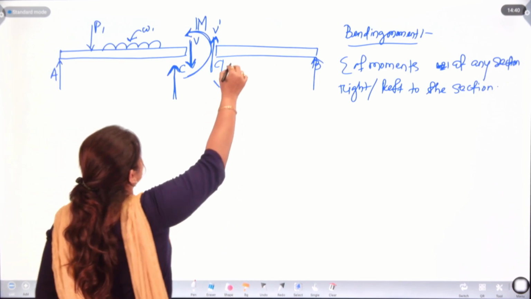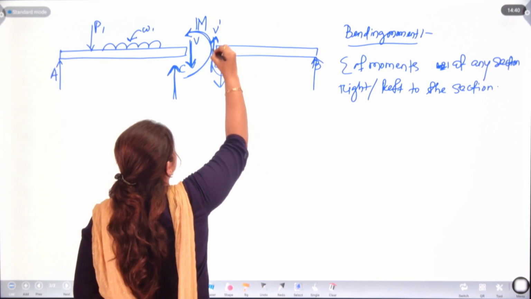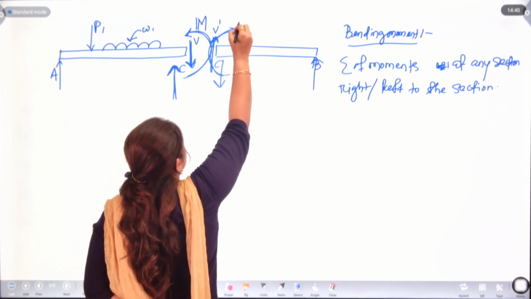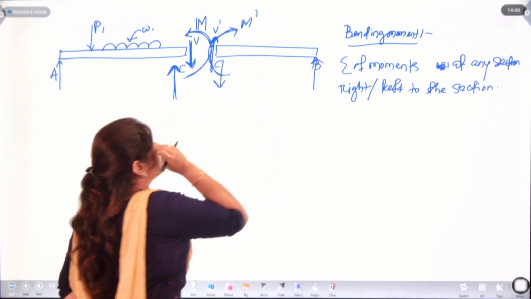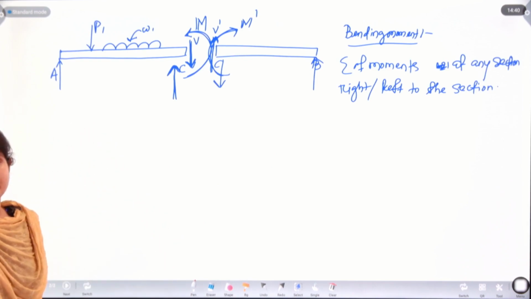Also here we have M dash, in the clockwise direction.